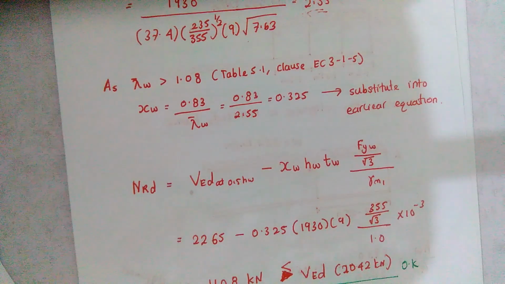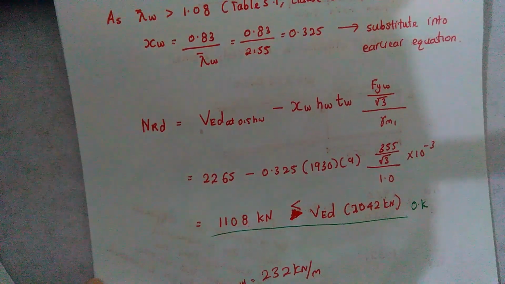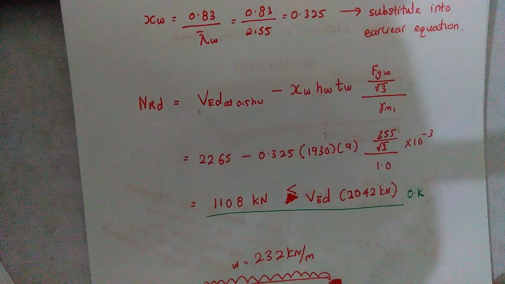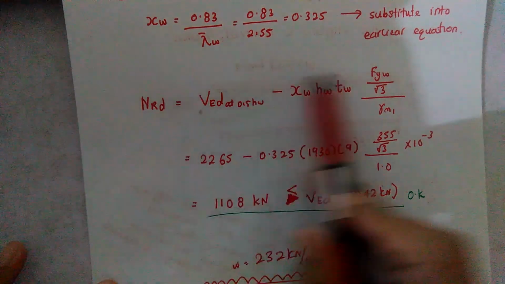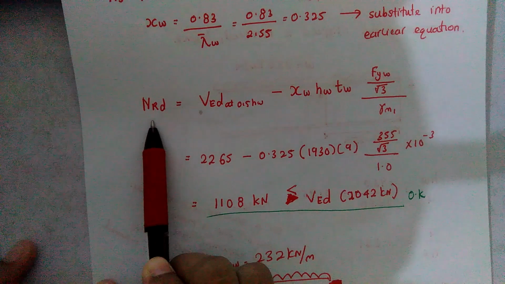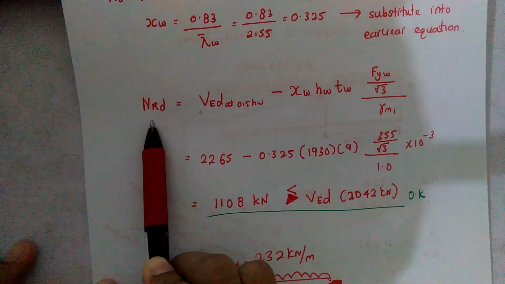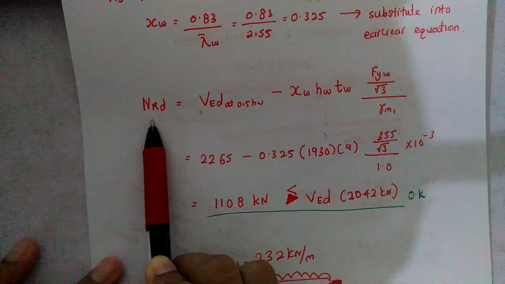And lastly, having all the parameters required, you can then substitute again in the main equation, whereby you want to find the design force that should be resisted by the stiffener.